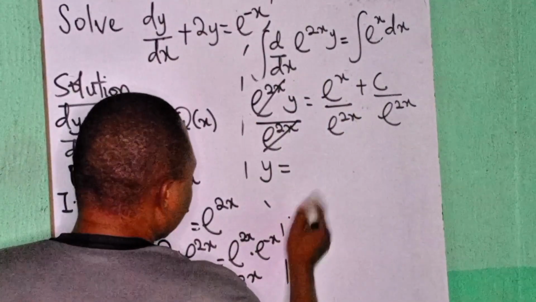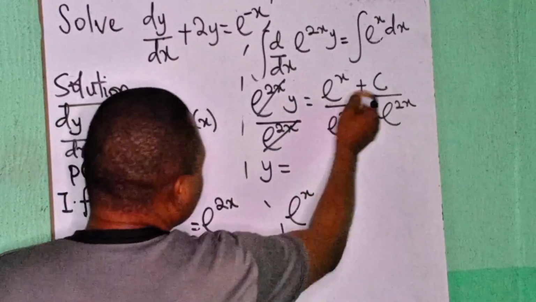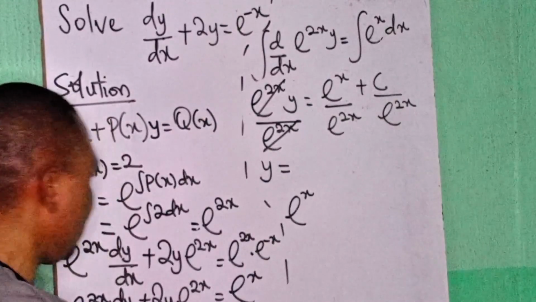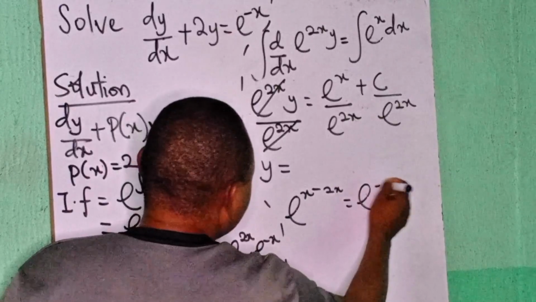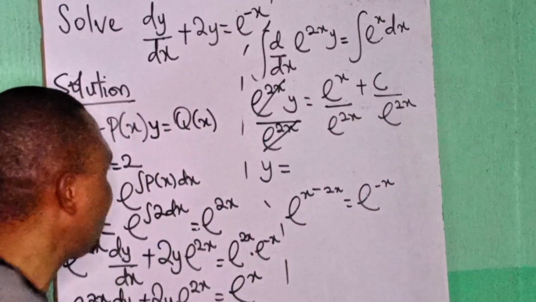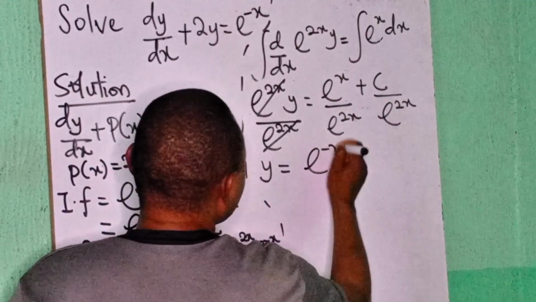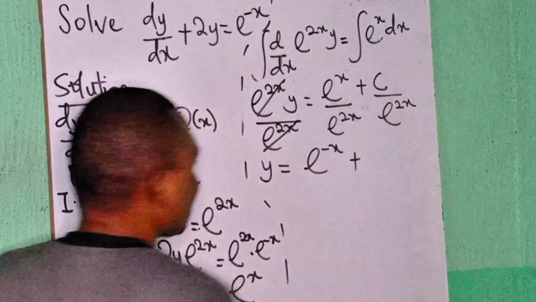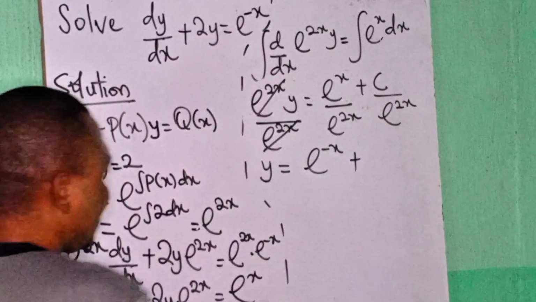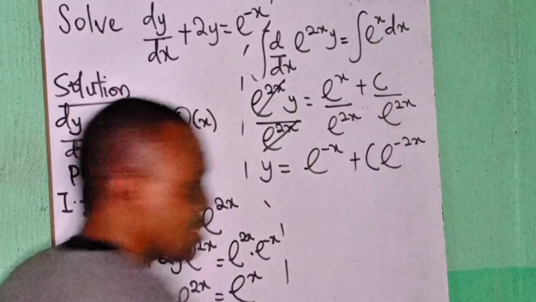Let me do it here quickly. Now e is common, so bring out one of the e's, x. Division is subtraction, so I'm having minus 2x, and that will give me e to the minus x. All right, so that means my answer here will be e to the minus x plus c over e to the 2x. That's still written as c e to the minus 2x.